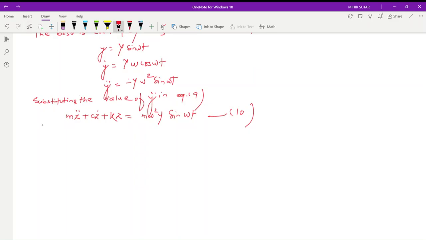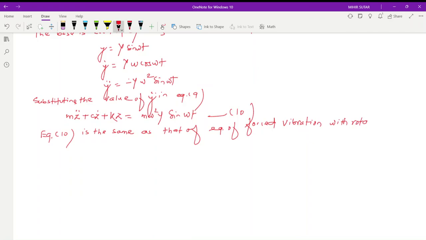Okay, now equation 10 is the same as that of the equation of forced vibration with rotating unbalance.